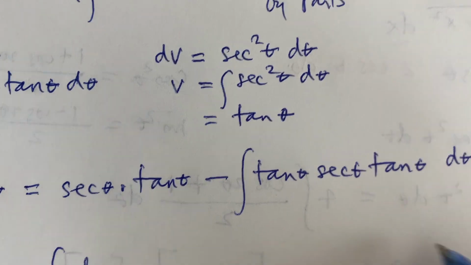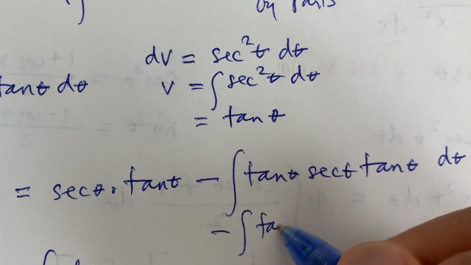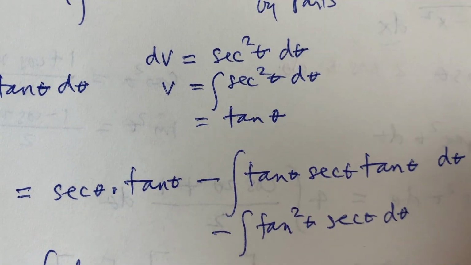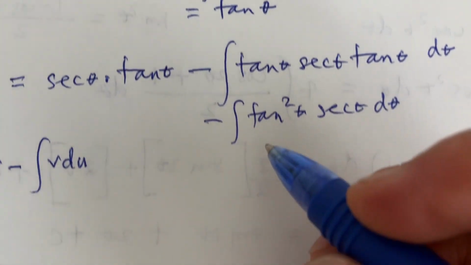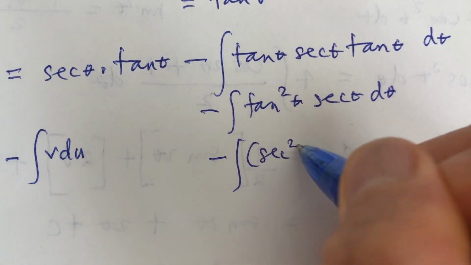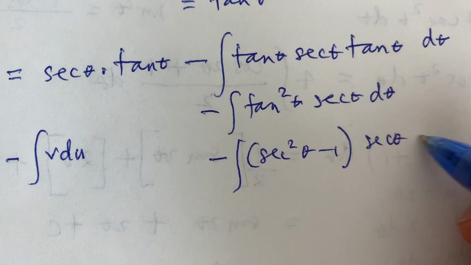Simplifying our integral part, we notice that it is equal to tangent squared theta secant theta. Aha! We can replace tangent squared by its equivalent in trigonometric identity. That's equal to secant squared theta minus 1 times secant theta.